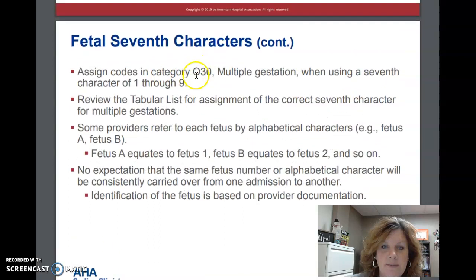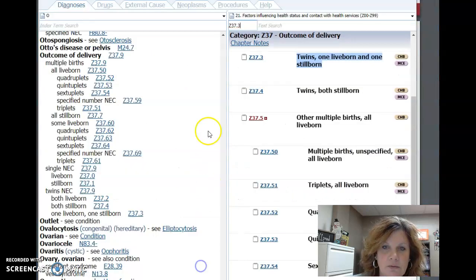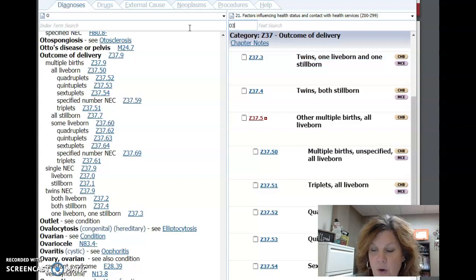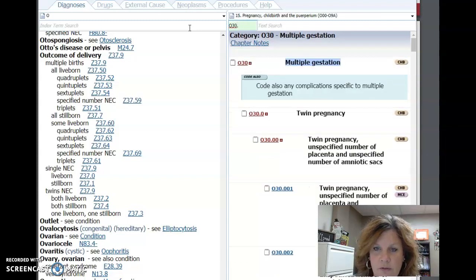Okay, so a lot of times these are going to be, let's just look here, O30. So go to your tabular right now. Type in O, and make sure it's O, not type in, look for. Okay, so here we have multiple gestation. I have twin pregnancy. Let's just go with that.